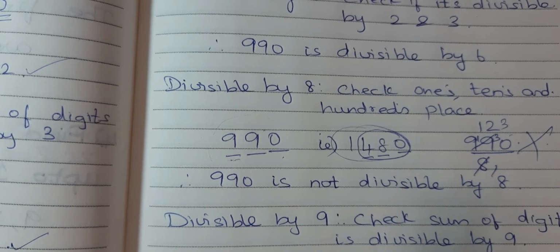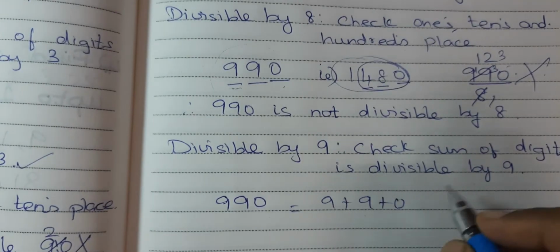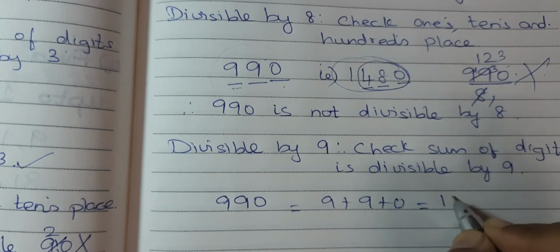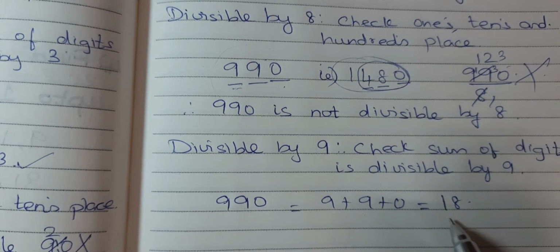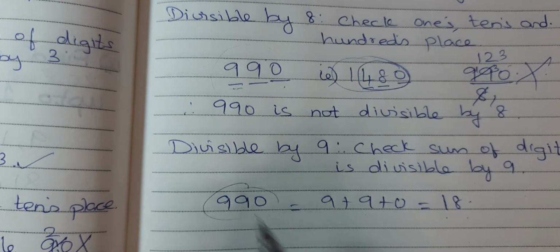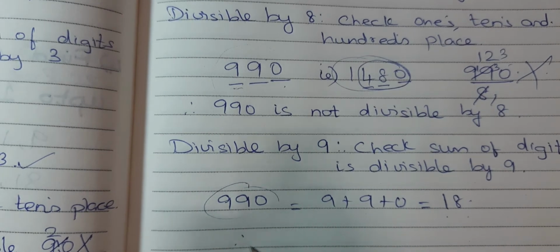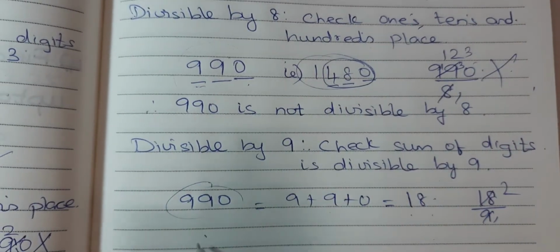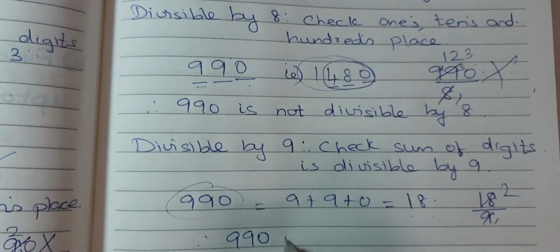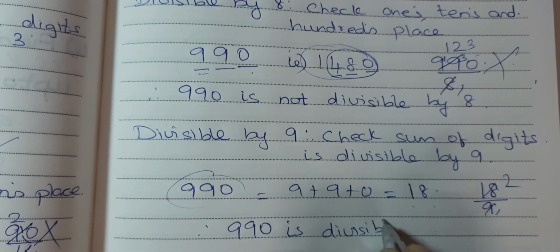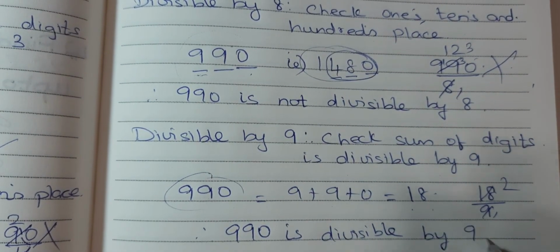So 9 plus 9, 18. 18 plus 0, again 18. So if 18 is divisible by 9, the whole number is said to be divisible by 9. Therefore, 18 can be divided by 9, 2 9s are 18. So 990 is divisible by 9.